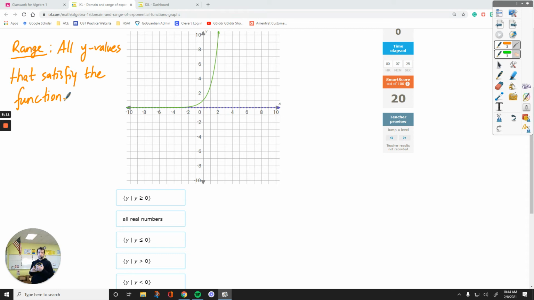Let's see this one. Range is a little harder than the domain because in many of these cases, if you are dealing with an exponential function, range is going to be all real numbers. Like over 90% of the time, range is going to be all real numbers. I'm not just talking about this assignment. For this assignment, it could be 100%. When you have a question about range, it could be like 100% all real numbers. I didn't solve this assignment at all.